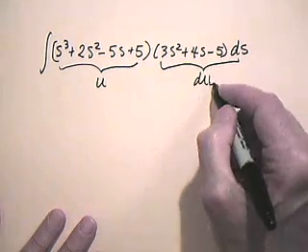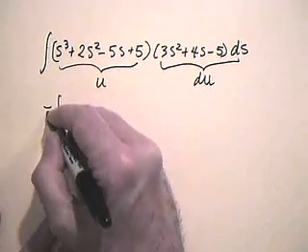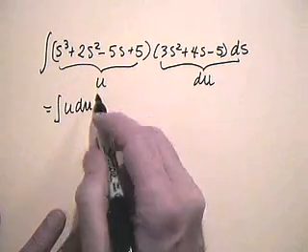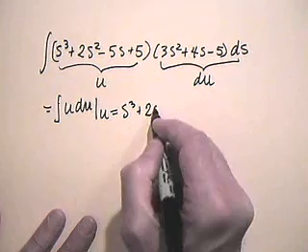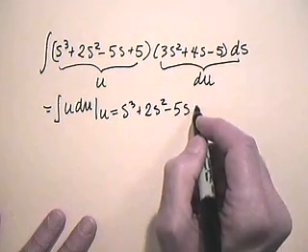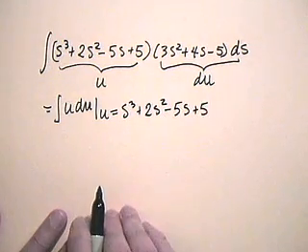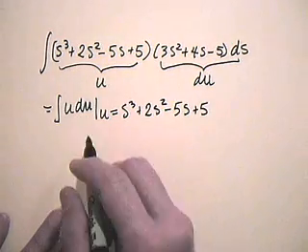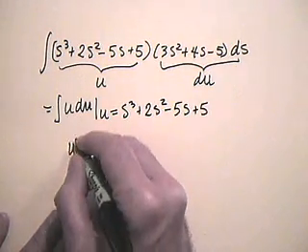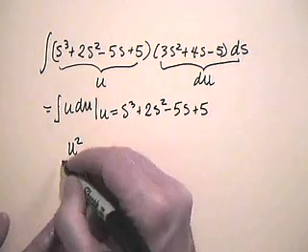And so all I have here is integral u du if u is s cubed plus 2s squared minus 5s plus 5. Well, the antiderivative of u with respect to u is simply u squared divided by 2.